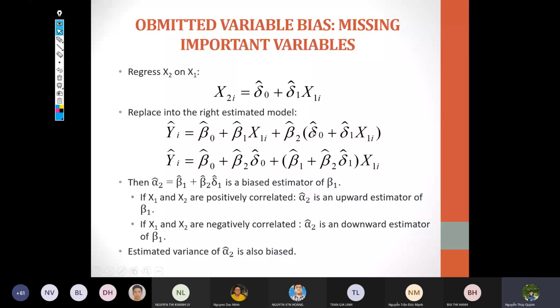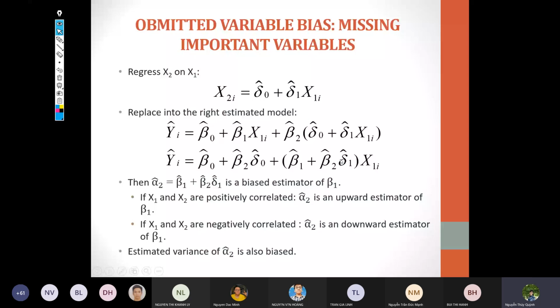Now we have y_i hat equal to beta 0 hat plus beta 2 hat times sigma 0 hat, plus beta 1 hat plus beta 2 hat times sigma 1 hat, multiplied by x1i.